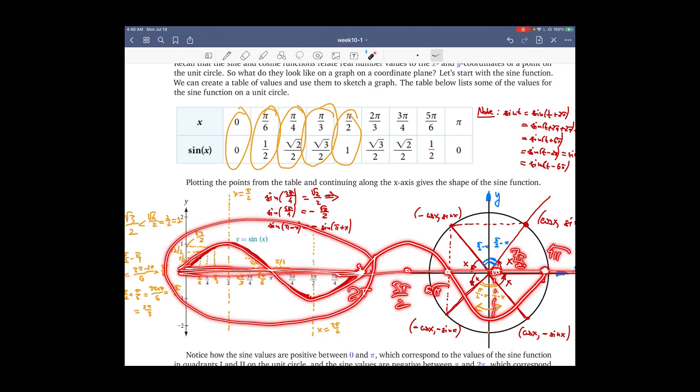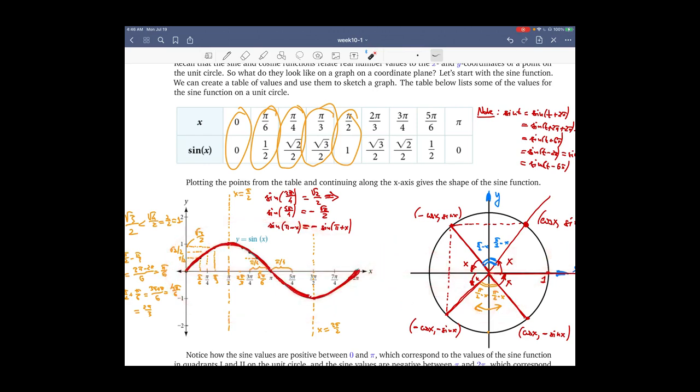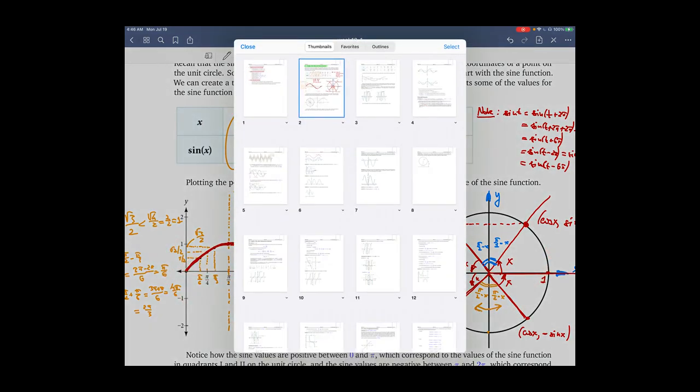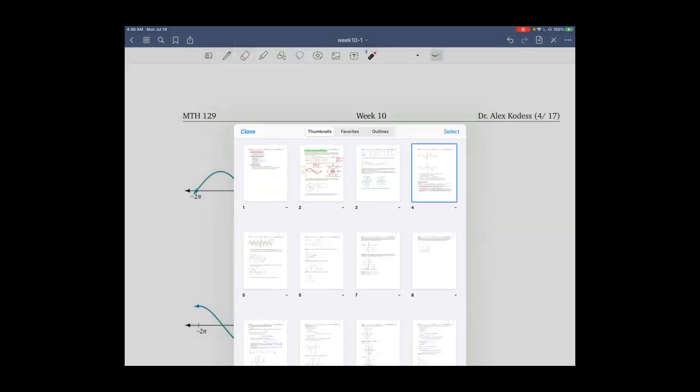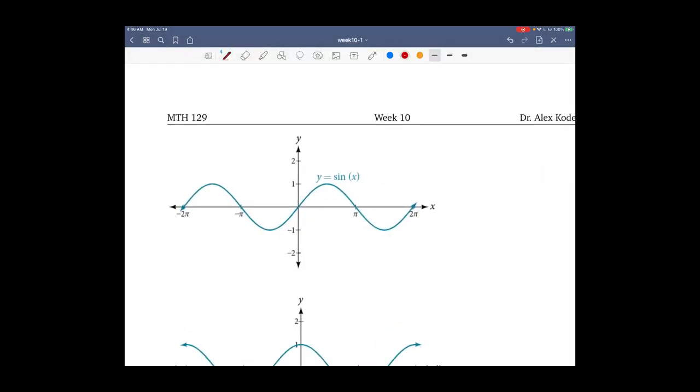And same thing in the direction to the left of the y-axis. In short, we get a graph like this. 0, pi over 2, pi, 3 pi over 2, 2 pi.